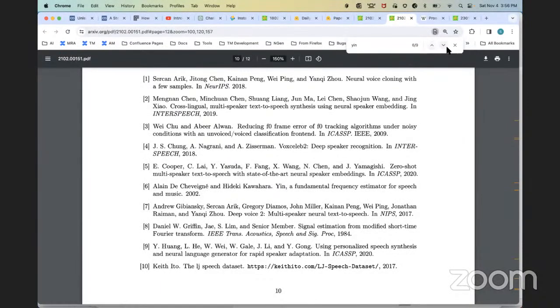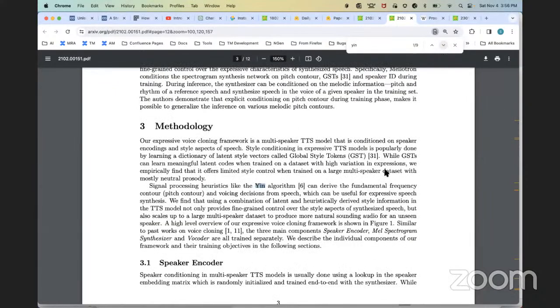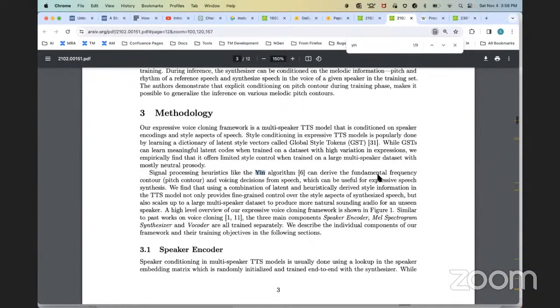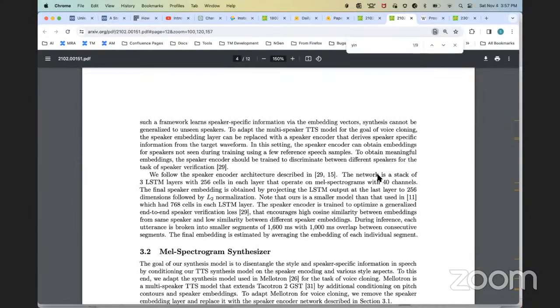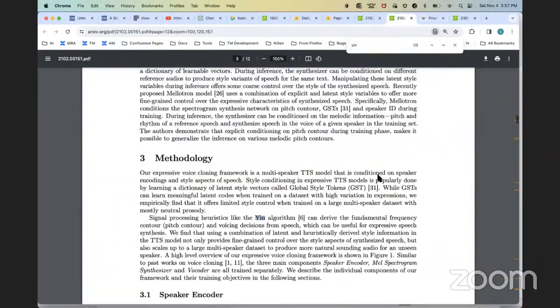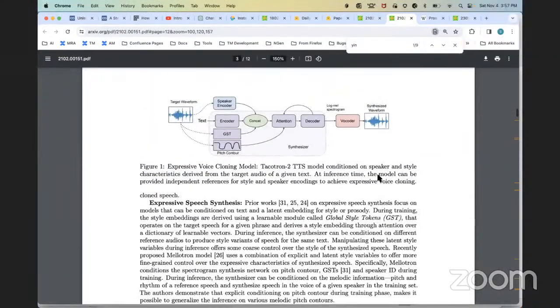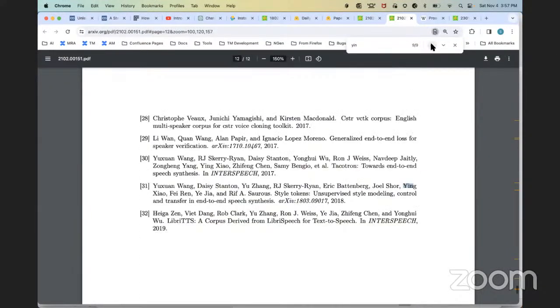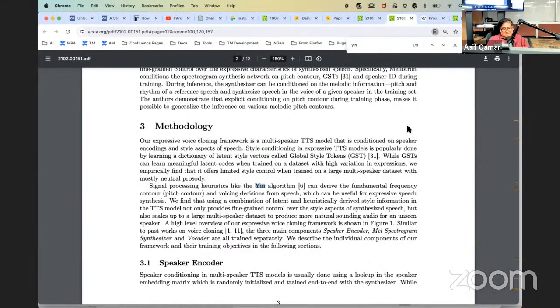So yeah, this paper talks about how to fine tune some speaker's voice into the text you have. It's taking apart all the audio components: speaker information, voice contour, which is pitch information, and then, as Sanjay said, global style tokens.